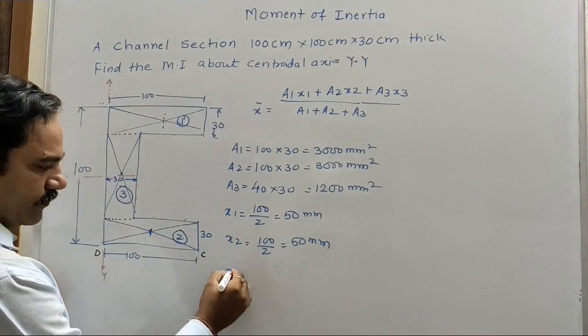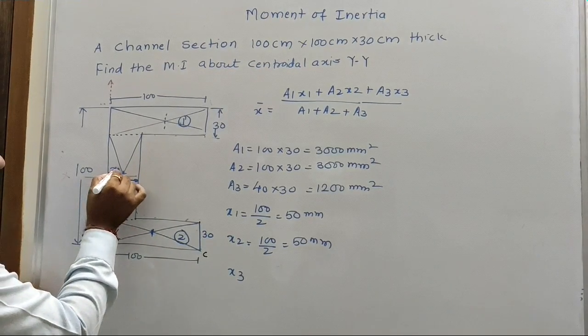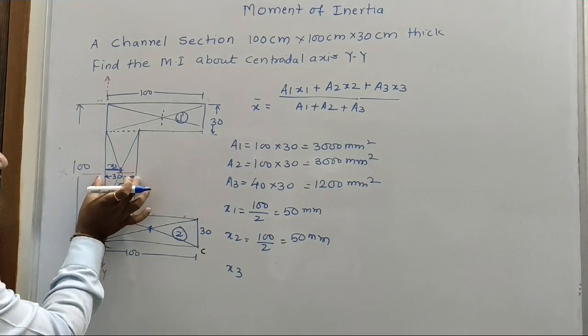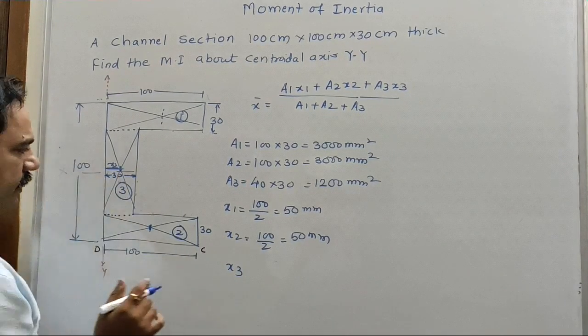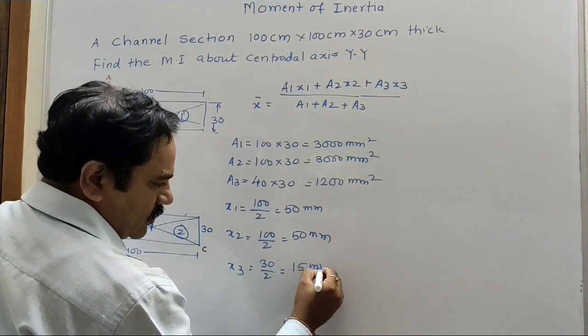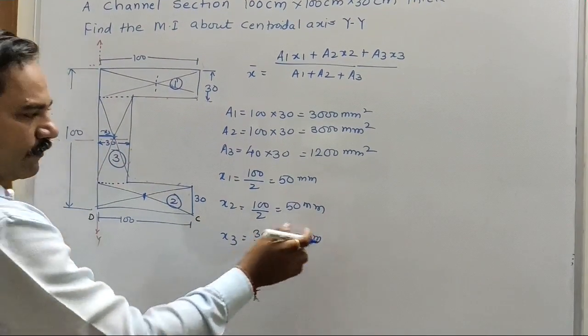Now x3: this thickness is 30 divided by 2, so we get 15 mm. So the centroidal axis of part 3 is at 15 mm.